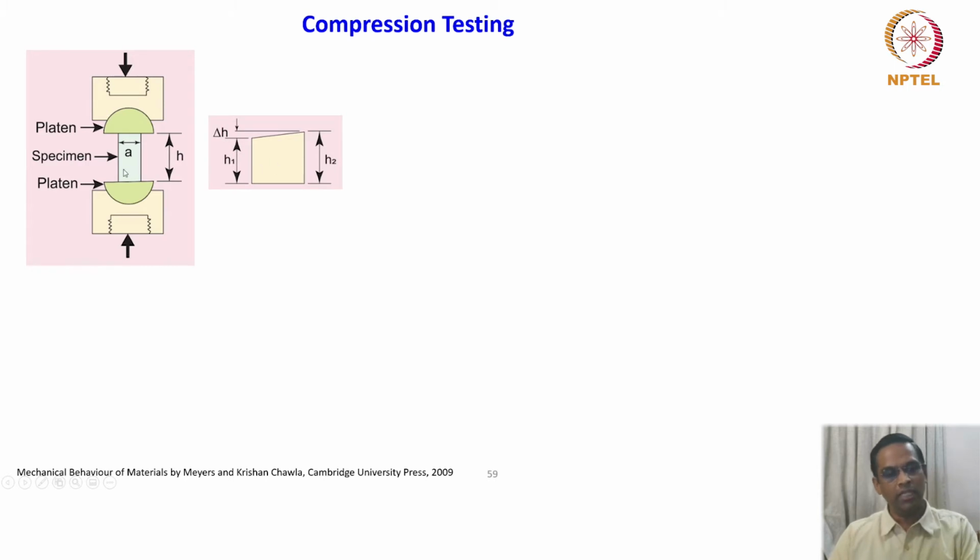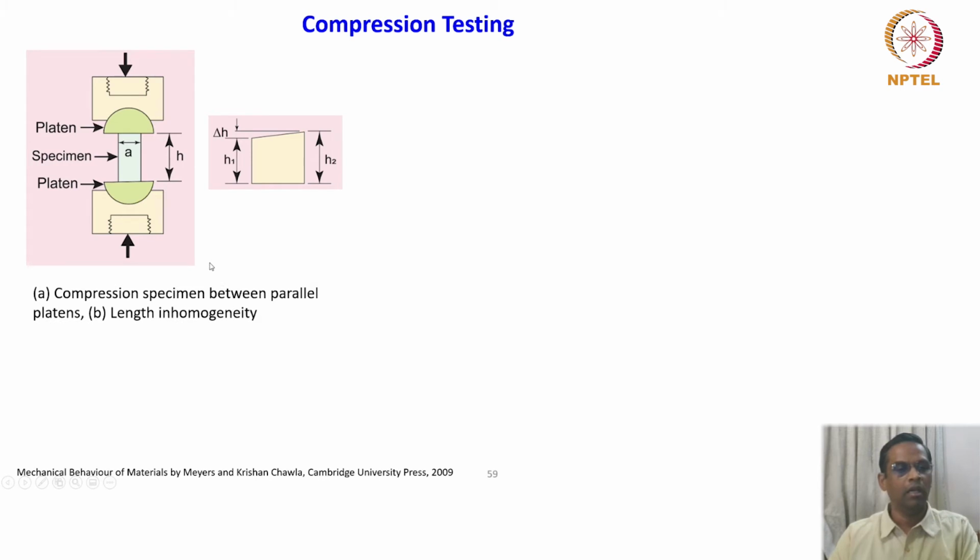Suppose the cylinder we have prepared after compaction is not uniform and symmetrical, that means H1 is smaller than H2, then this delta H has to be corrected. Otherwise, the load distribution will not be uniform, which may lead to a problem. So this is called length inhomogeneity, right?